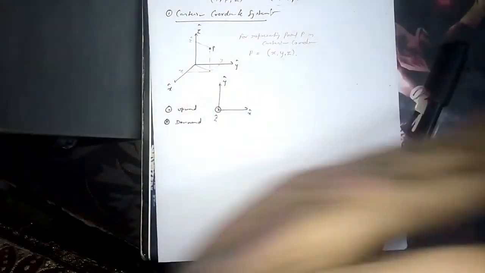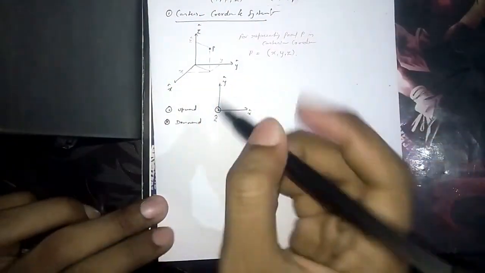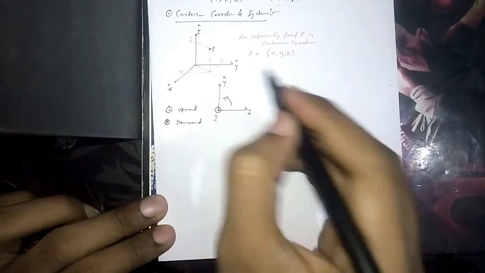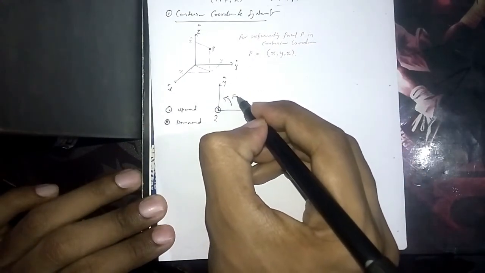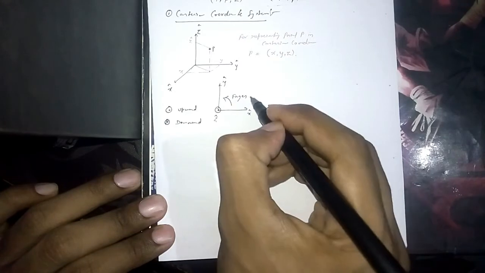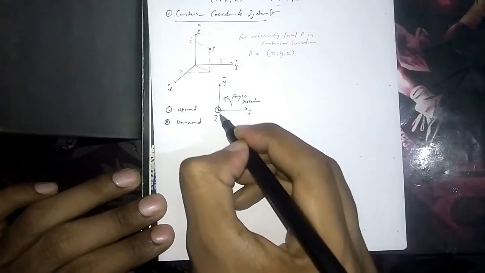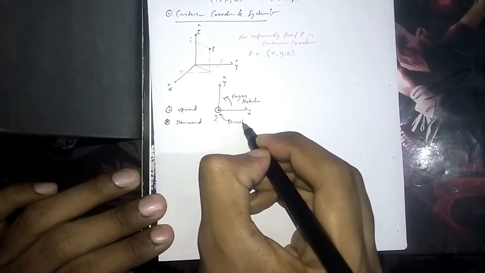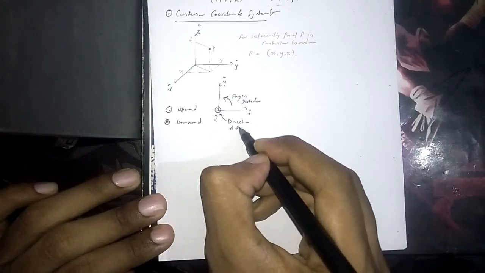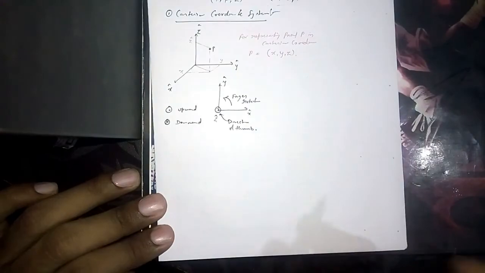x cross y is equal to z. This is the finger's rotation and this is the direction of thumb.